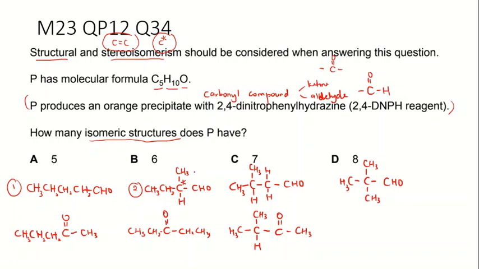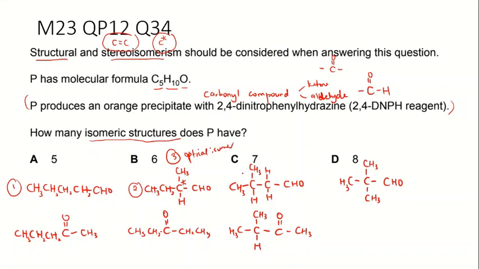So this isomer number 2 will have an optical isomer. How do you draw the structure of this optical isomer? You draw the 3D structure and then draw the mirror image, and the mirror image will be its optical isomer. I'm not going to draw it here, so let's consider that optical isomer as isomer number 3.